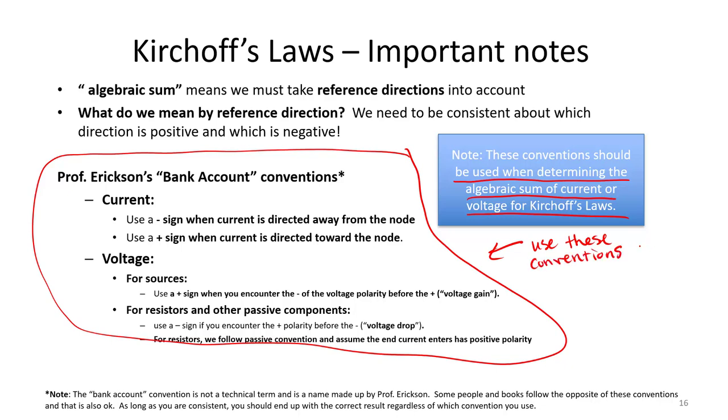So you should only really be using these conventions when applying Kirchhoff's laws. So when applying Kirchhoff's current law or Kirchhoff's voltage law to determine the algebraic sum of currents or voltages.